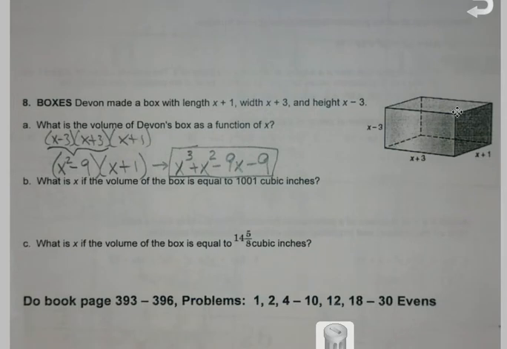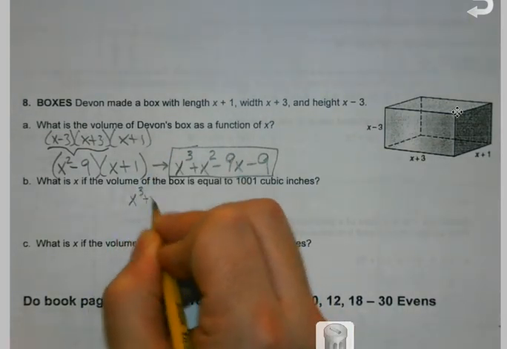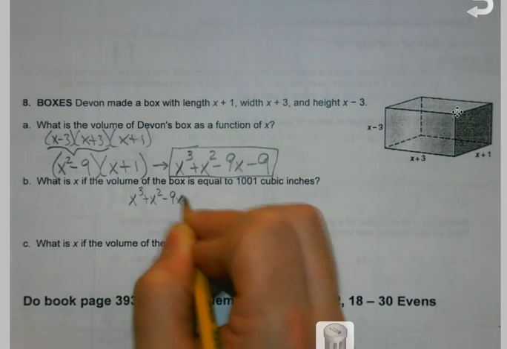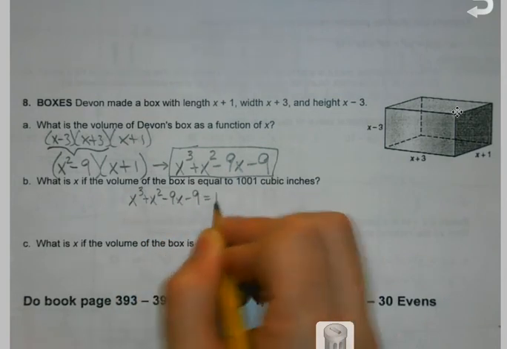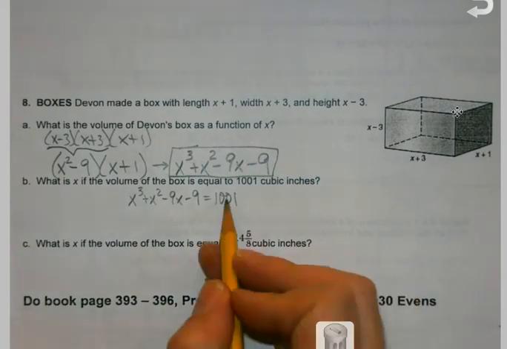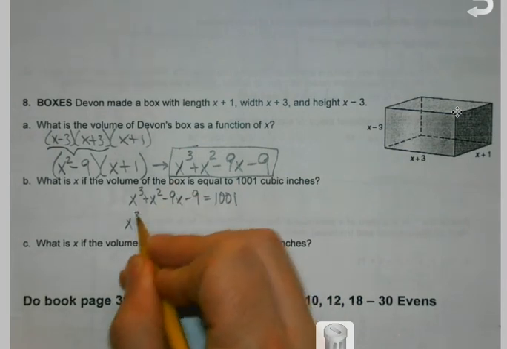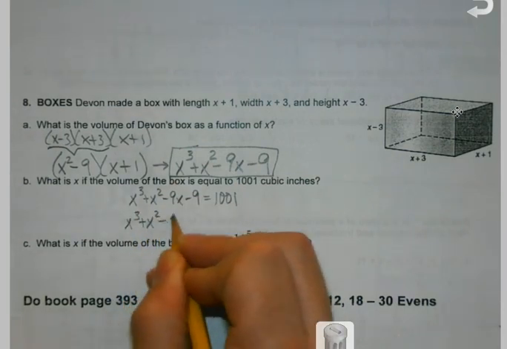So what is x if the volume of the box is equal to 1,001 cubic inches? Well, this is the volume, so I could take that, and if I wanted to use it like I've been using on some of mine, I'd bring this over to my polynomial side by subtracting it.